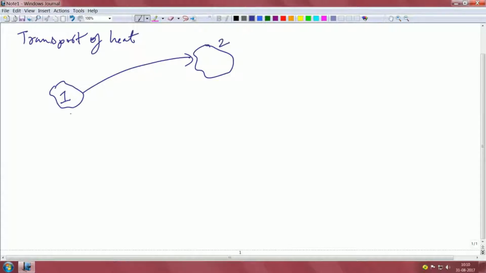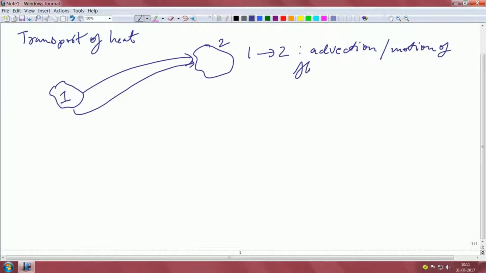So basically fluid blob 1 transports whatever energy it carries to location 2. In this case the energy is in the form of heat. So this transfer from 1 to 2 has happened due to advection, or motion of fluid, correct.